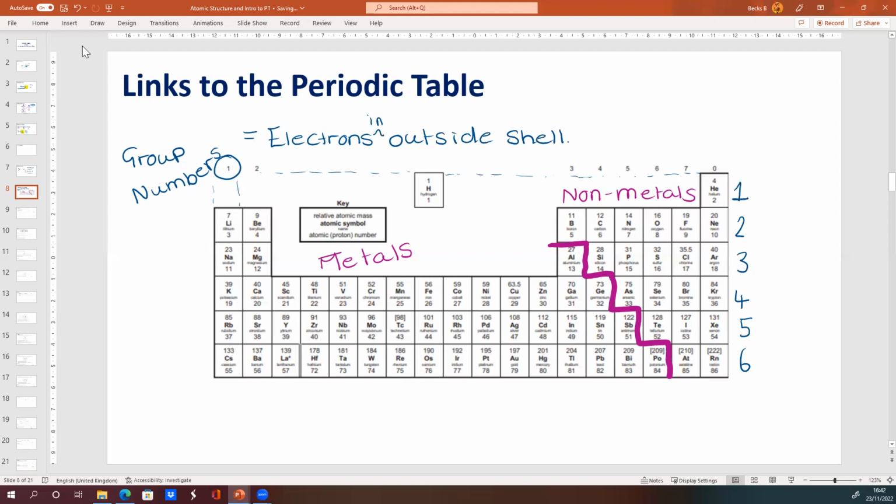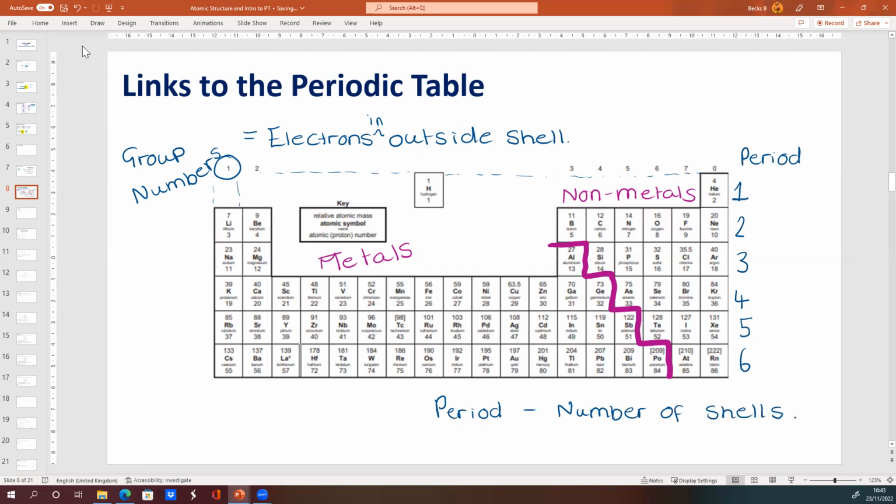And these are the period numbers, hence the name periodic table. So the columns are groups, the rows are periods. And the period tells you how many electron shells we have. So it's the number of shells.